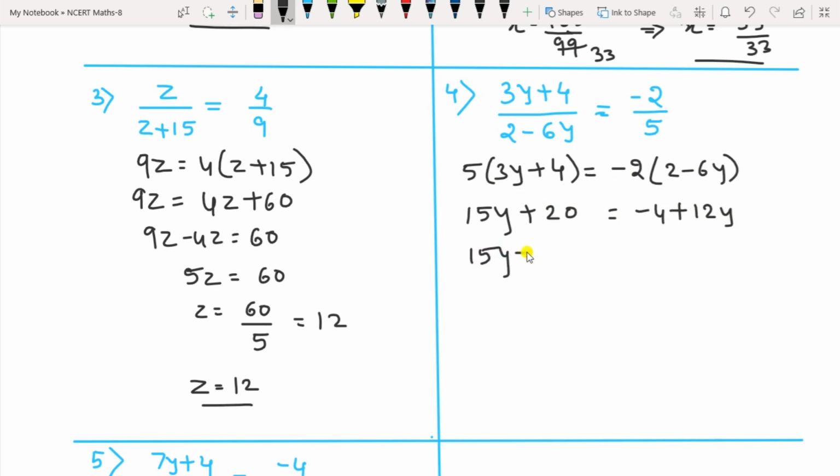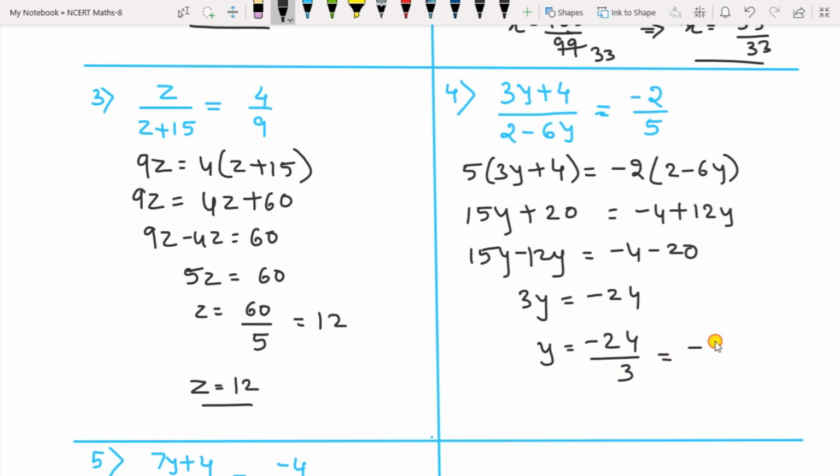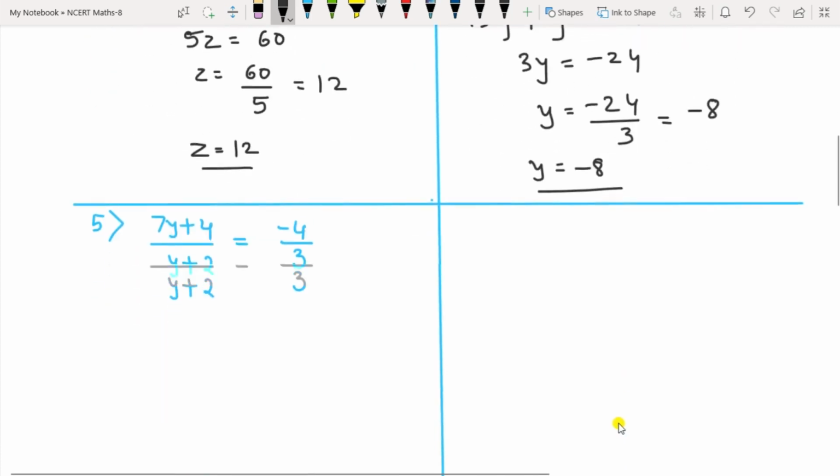Now take the like terms, 15y minus 12y equal to minus 4 minus 20. 15 minus 12 is 3y equal to minus 24. So y equal to minus 24 by 3, that gives minus 8. So y equal to minus 8 is the answer for this question.